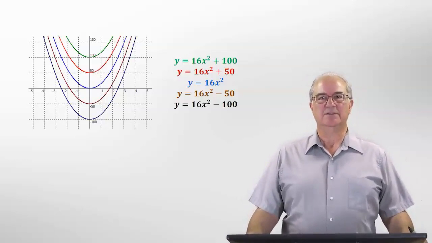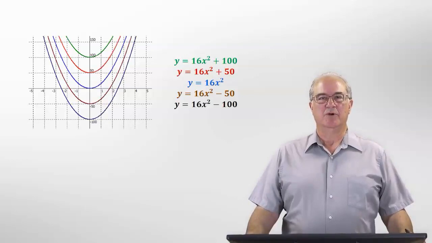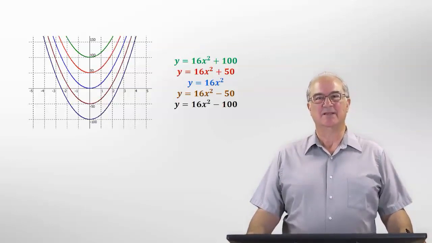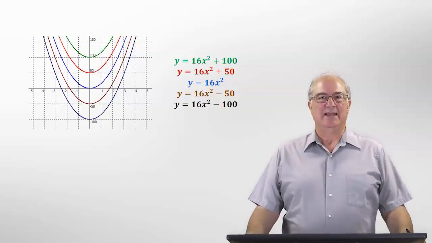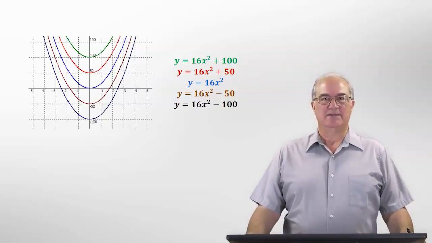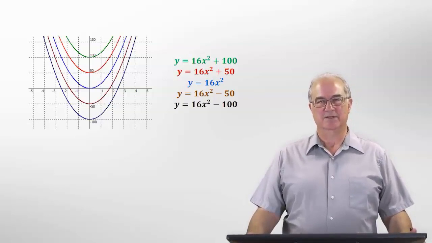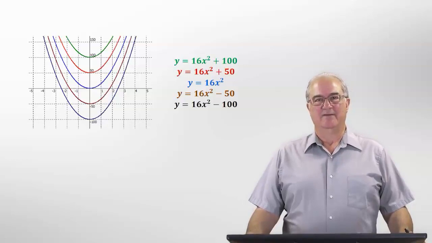If you look at the blue curve as the one in so-called standard position with a constant equal to 0, then adding a positive constant displaces the graph of that blue curve up, and adding a negative constant displaces the graph down.